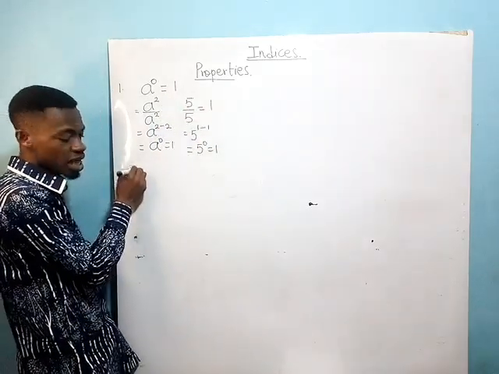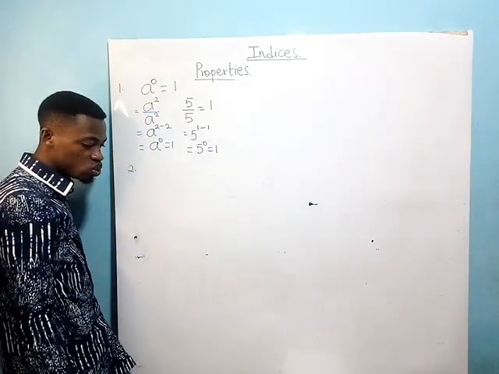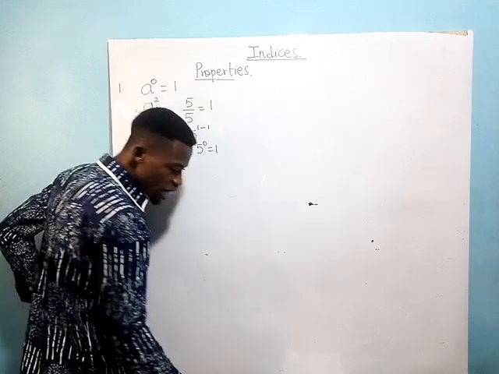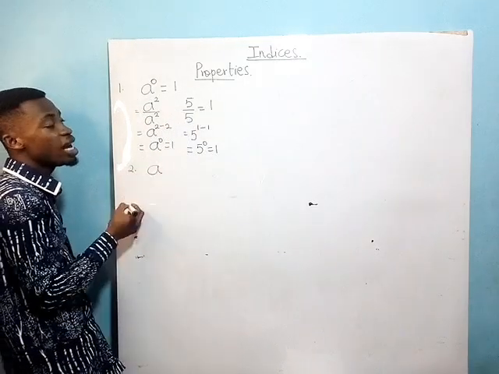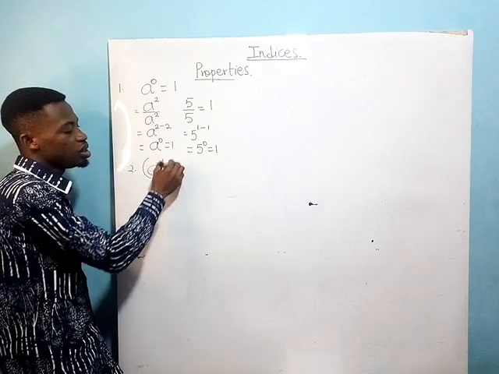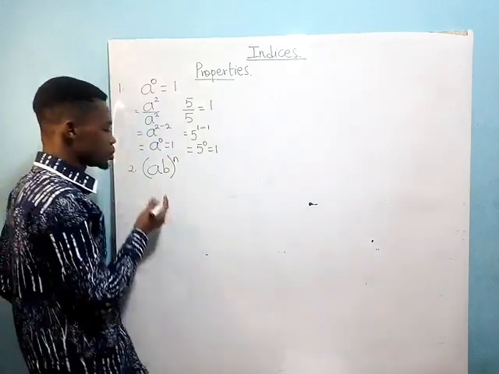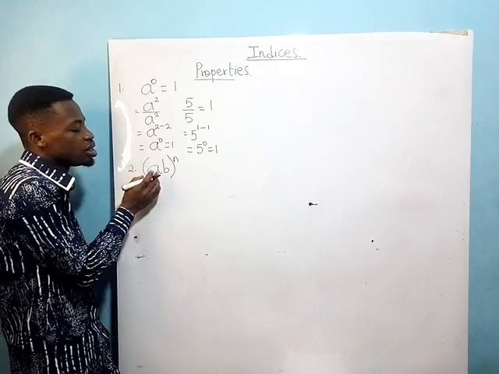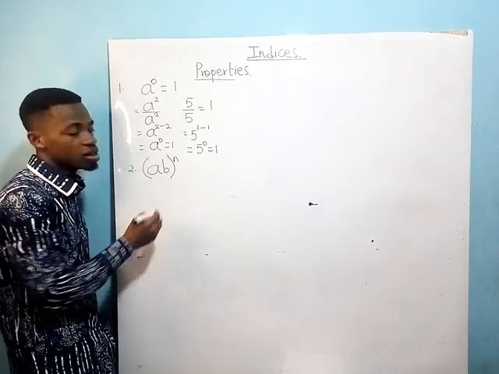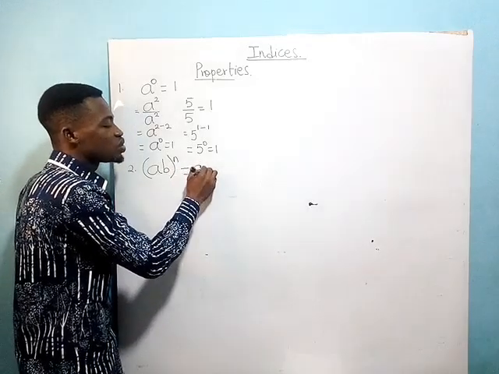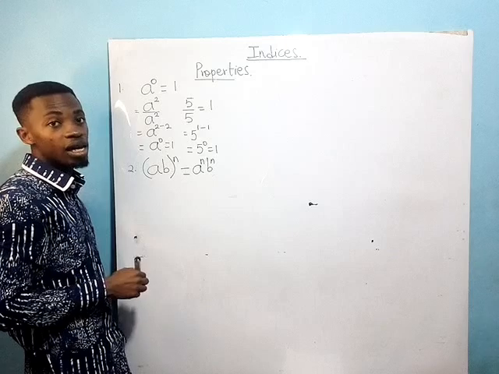Let's go to our second property. Our second property is the product of two numbers. So for example, we have (AB) all to the power n. So this means that each of these is affected by the exponent. So it is written as A to the power n, then B to the power n.